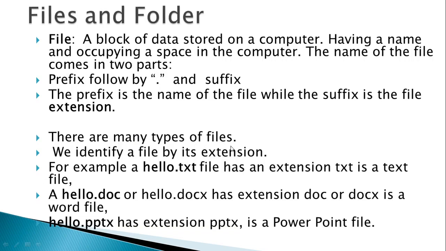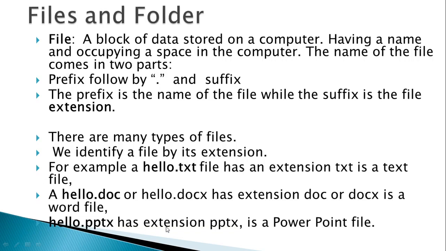There are many types of files. We identify a file by its extension. That's very important. For example, a hello.txt file has an extension of txt, and it's a text file. Hello.doc or hello.docx has an extension of doc or docx, and it's a Word file.